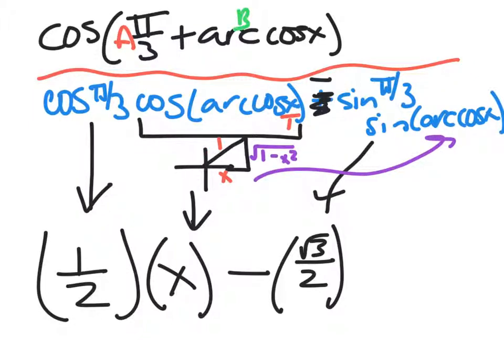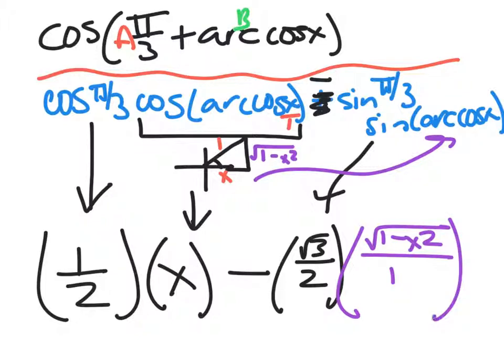But now instead of finding the cosine of the triangle, I need to find sine of the triangle, which is your opposite over your hypotenuse. And so that is square root of 1 minus x squared over 1. And on the next screen, I'll simplify this. So pause it, take a minute, and copy it down.